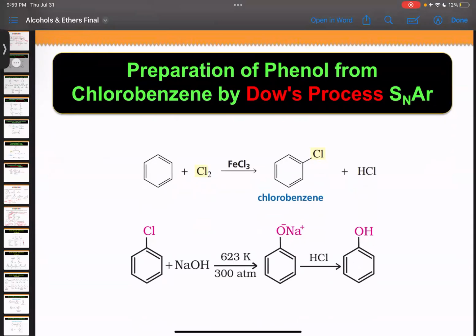This we need to go through. So phenol is actually directly putting the OH group. But directly putting the OH group can't come in, right? Directly, because the OH plus is not there, right?